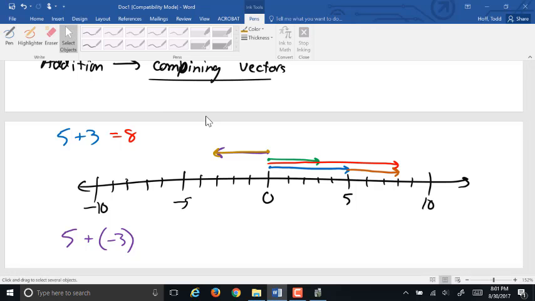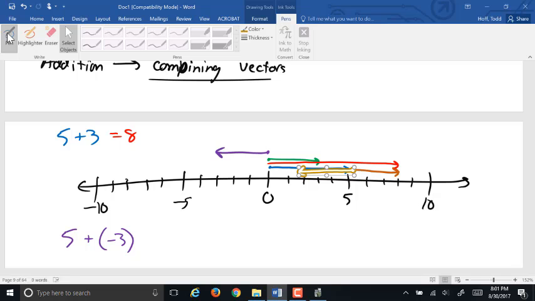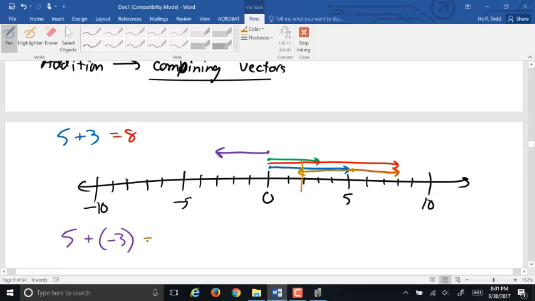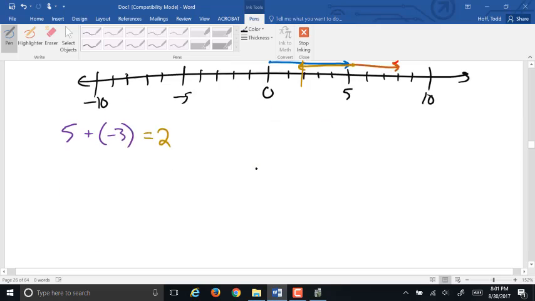Well, we would take that vector and combine it with our 5. My scale's a little off here. We end up at 2. 5 plus negative 3 is 2. Now, I'm not proposing you draw out a number line when you add numbers. But when I add my integers, I do keep that picture in the back of my mind.